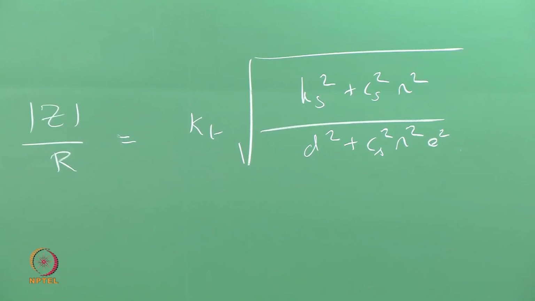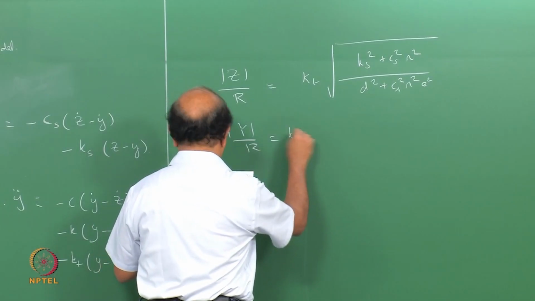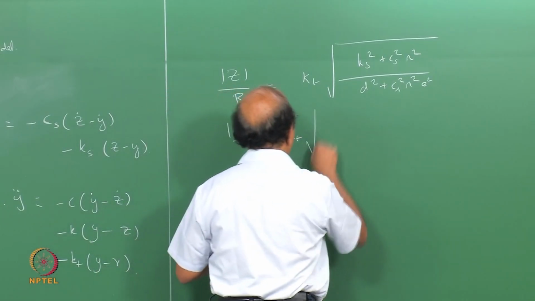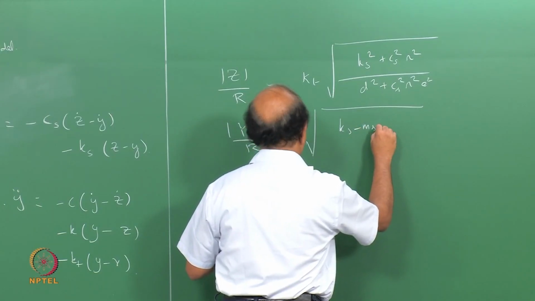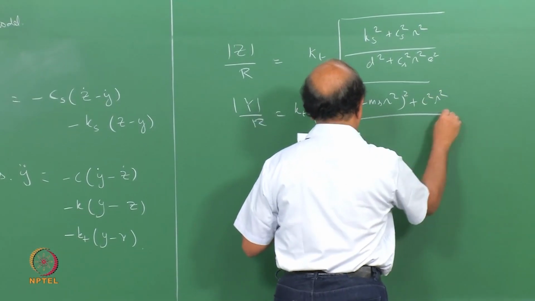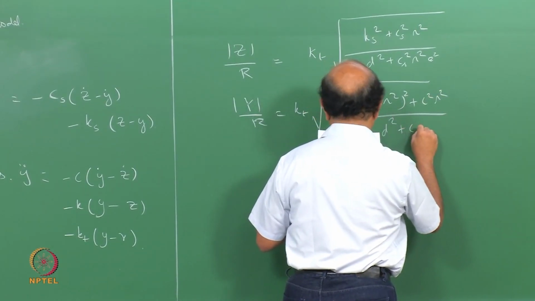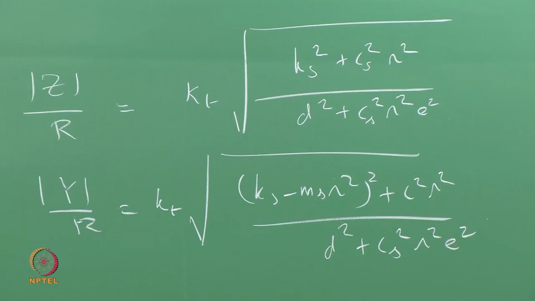And Y by R is equal to KT into root of Ks minus Ms omega squared whole squared plus C squared omega squared by D squared plus C squared omega squared E squared. I think this is where we stopped. Like D and E, we had written that already.